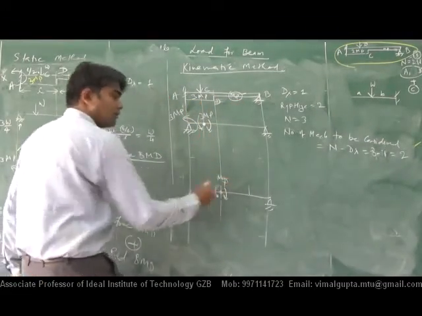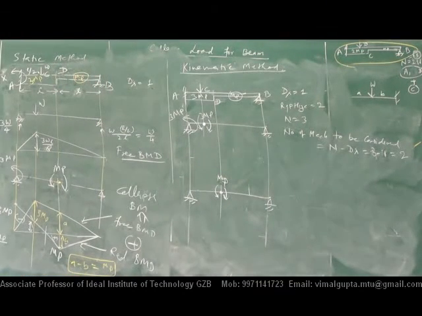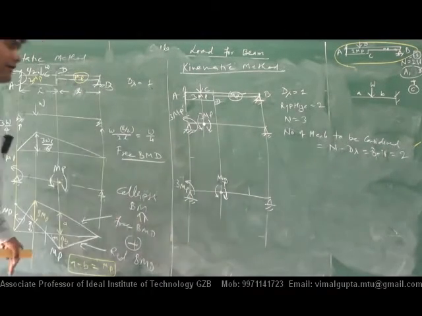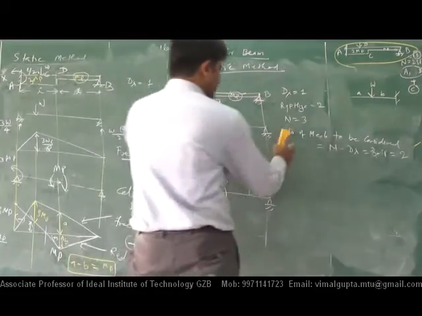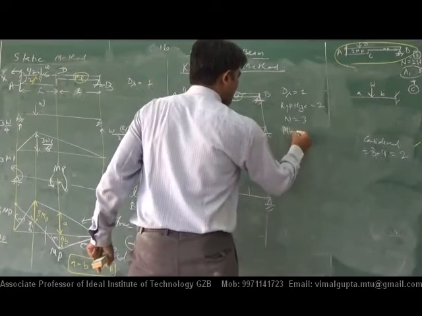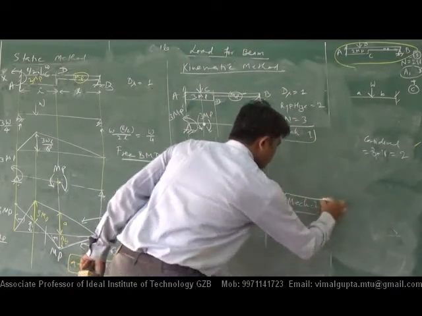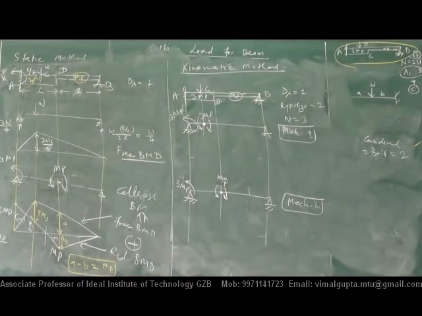The lowest value we have to select. And here also, it is 3 MP. So these are the two mechanisms. Mechanism number 1, and it is mechanism 2. These two mechanisms we have to consider.